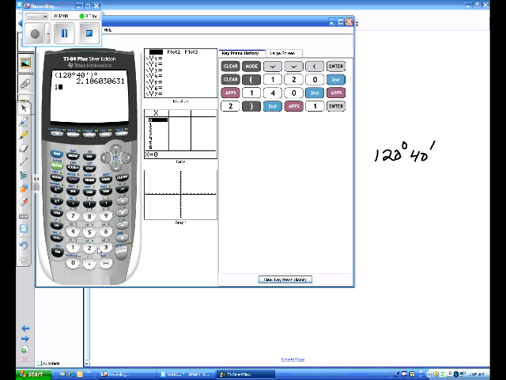Now, another way that we could do this is just to use our formula. So we could put in 120 degrees, 40 minutes, and then we could multiply that by pi divided by 180.